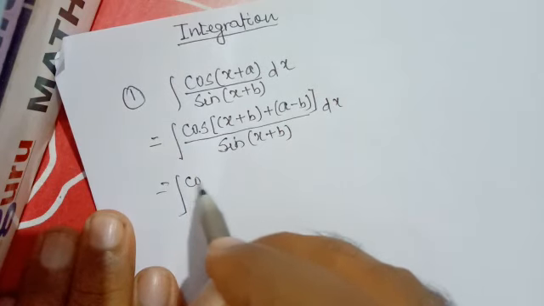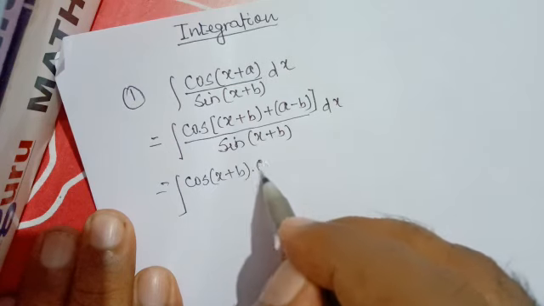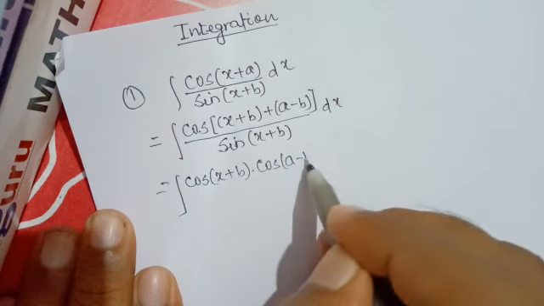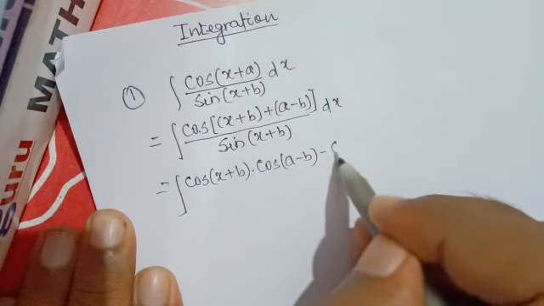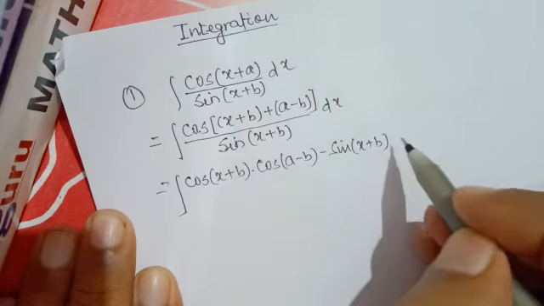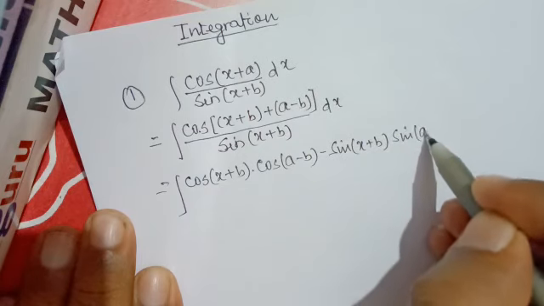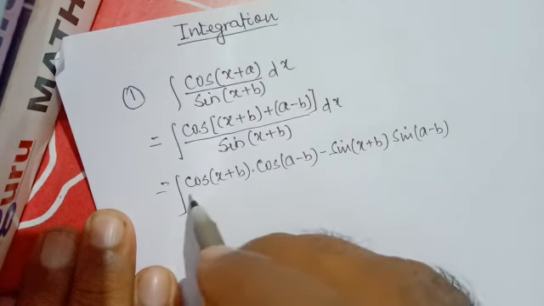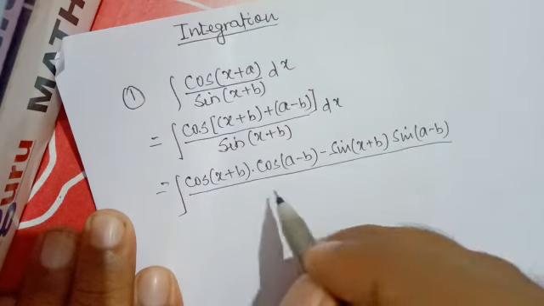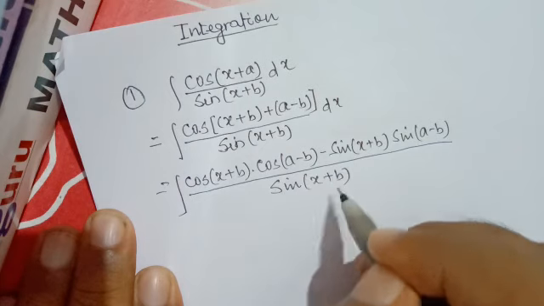So write it, cos(x plus b) into cos(a minus b) minus sin(x plus b) into sin(a minus b), upon sin(x plus b) dx.